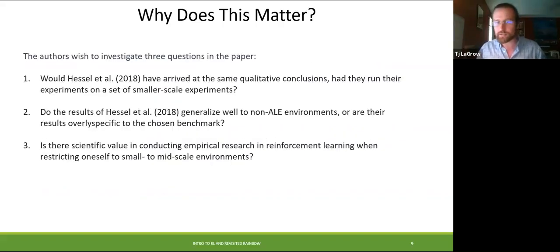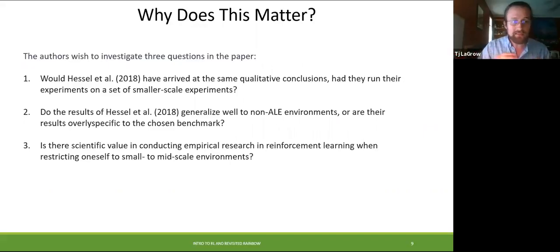So what the researchers have done is they proposed 3 different questions. They wanted to ask whether or not they could arrive at the same quantitative conclusions that their experiments set on smaller scale experiments. Do they generalize to well-known non-arcade learning environments, or are they over-specific to the chosen benchmark?